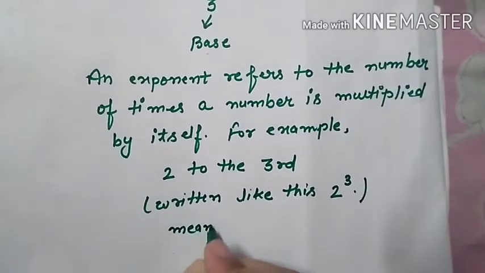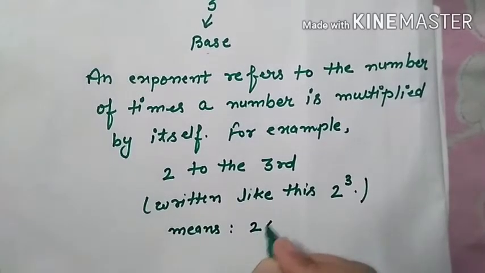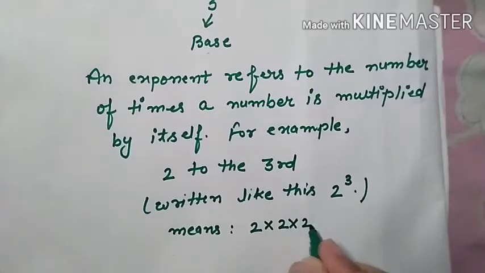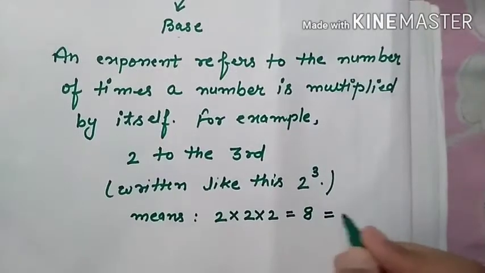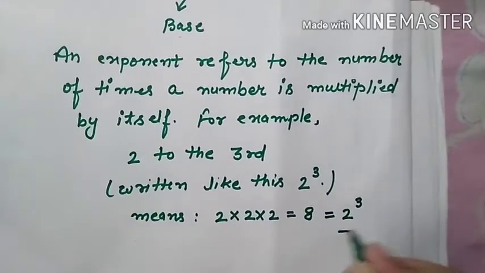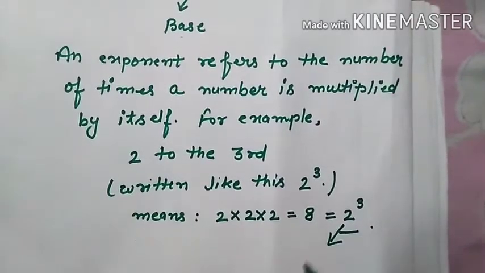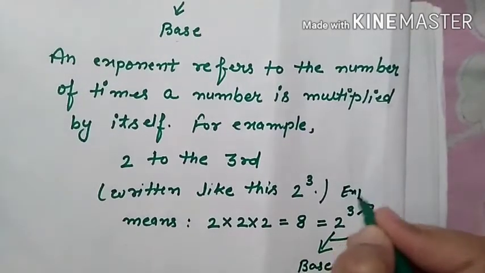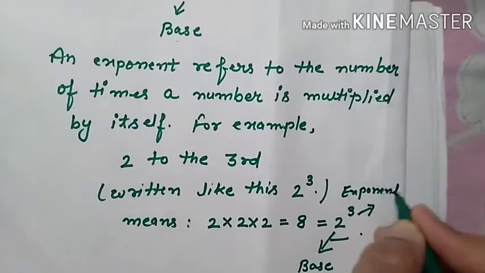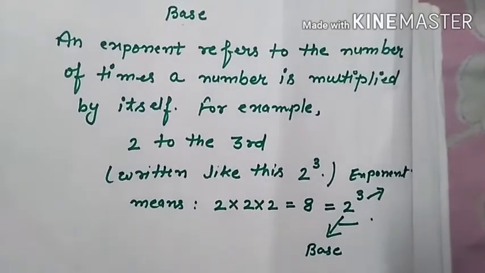Means 2 is multiplied by 2 is multiplied by 2 is equal to 8. Or we can write 2 raised to the power 3. Here 2 is base and 3 is exponent. Is that clear to you all?